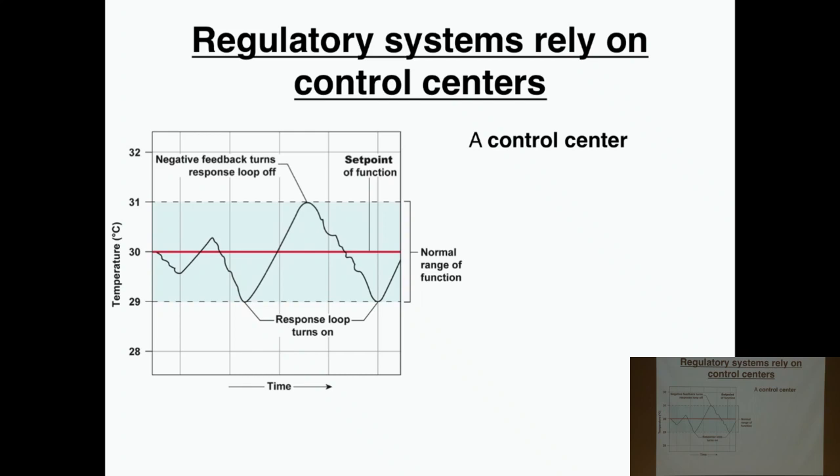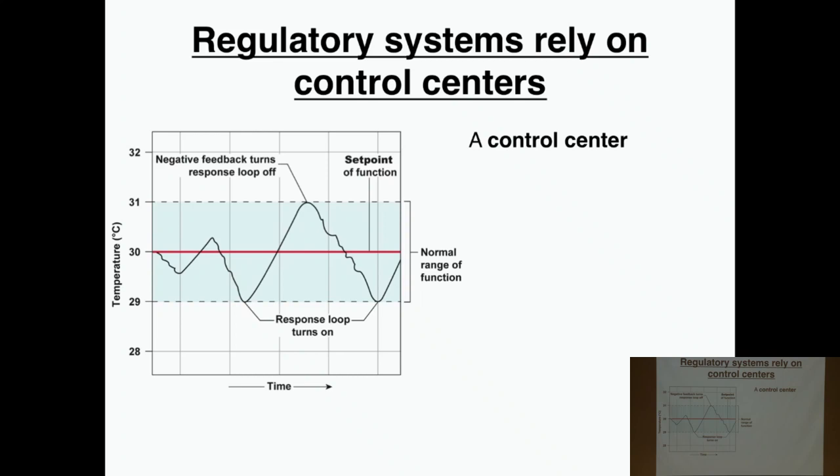And in this particular system, the temperature set point is 30 degrees here. So that's shown in this red line. And then in this situation, we have a normal range of function where between 29 and 31 degrees, you're close enough to the set point that you're not going to trigger significant responses. But if you get beyond that normal range, then you'll start having more significant responses.